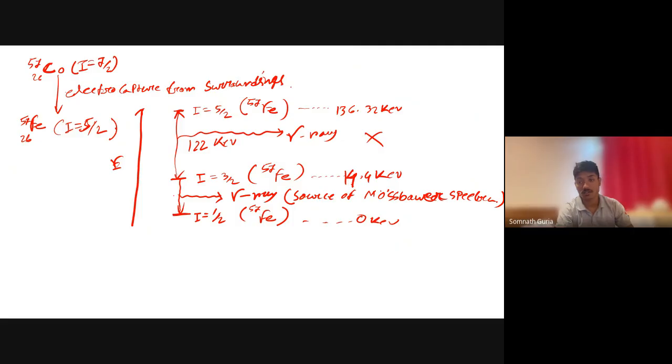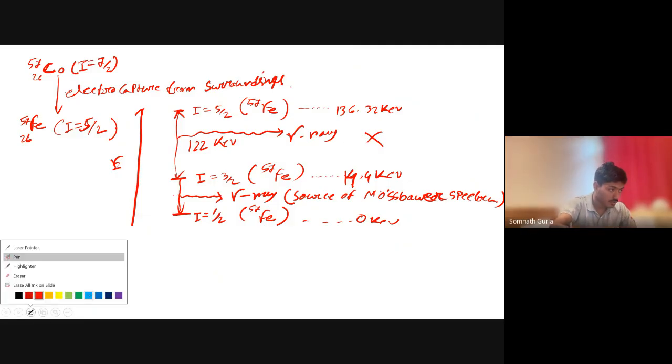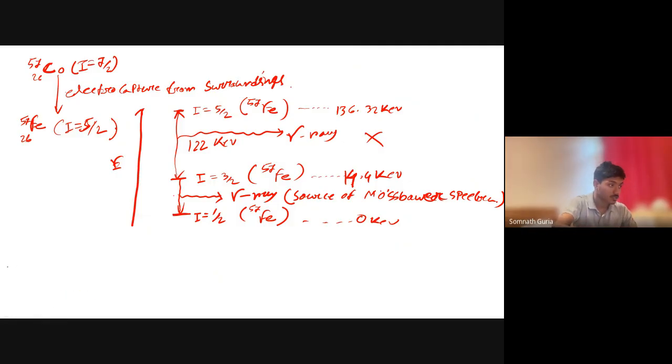How can we improve it to get a proper structure? To that, we actually use one effect called the Doppler effect. We can change the color to get a good spectra.